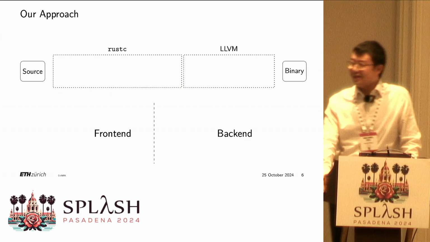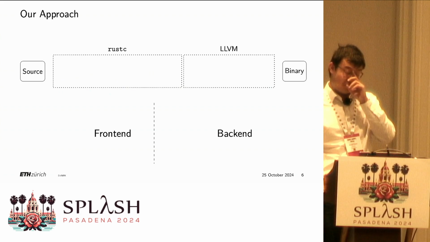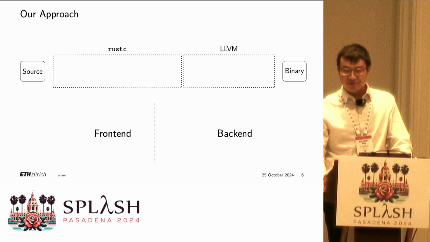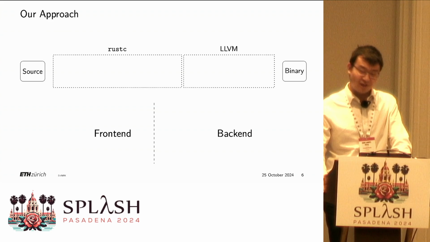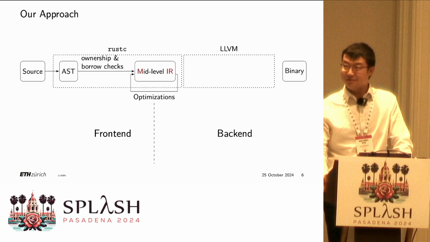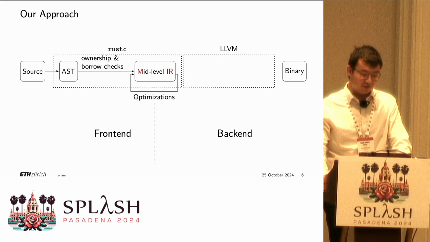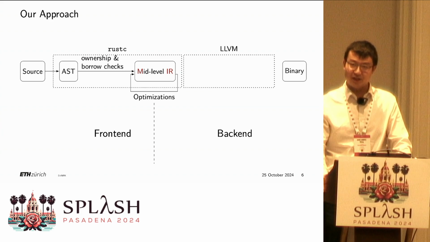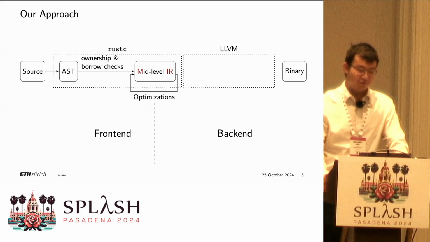So when making a random program generator, the first thing to think about is what to generate. The Rust compiler compiles your source code in stages, broadly divided into the front end and the back end. The front end is responsible for things like parsing, type checking, ownership and borrow checking, and then eventually lowers your code into an intermediate representation called the mid-level IR, or MIR for short.